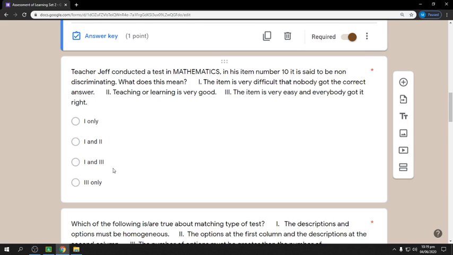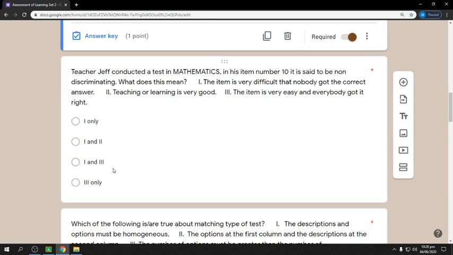Since 1 is already a correct answer here, the item is very difficult that nobody got the correct answer. That actually matches with our logic. If nobody got the correct answer because it's so difficult, then you cannot really separate the upper performer, the top 27%, and the bottom 27%. So that makes sense.